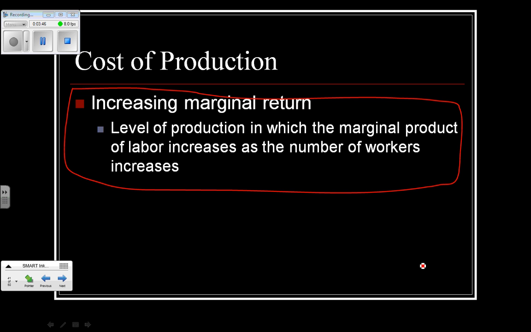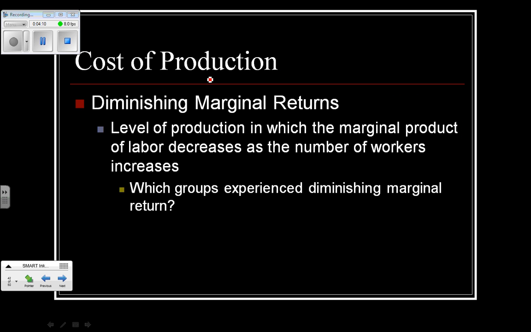So you get to a point where you're adding workers, so you're becoming more efficient, you're producing more things, but you're going to reach a tipping point where you have too many workers and your production suffers for inefficiency, for maybe it's a personality conflict, whatever it is. But you just can't keep adding workers and think you're going to get more stuff. You become essentially inefficient. That's called your diminishing marginal returns.